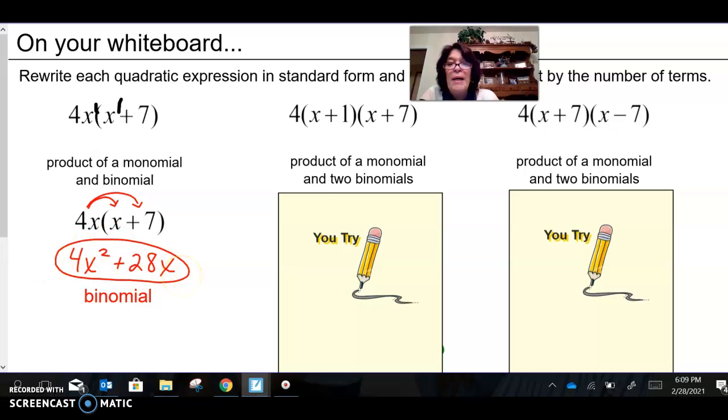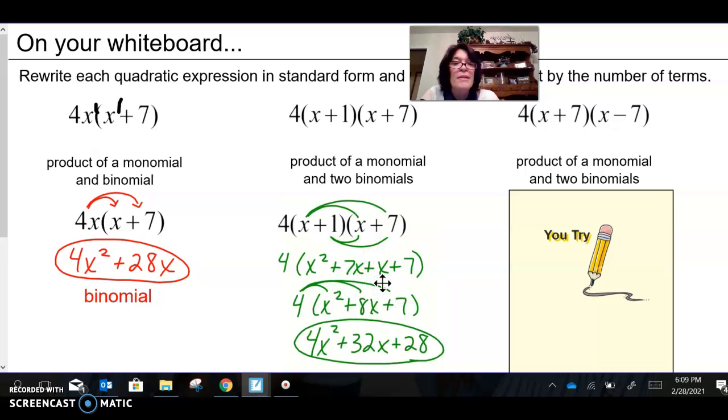We ended up getting a binomial. When I took this, 4 times x plus 1 times x plus 7, we FOIL the x plus 1 times the x plus 7, x squared plus 7x plus x plus 7. Combined 7x plus 1x is 8x, and then multiplied 4 through. We got a trinomial that time.